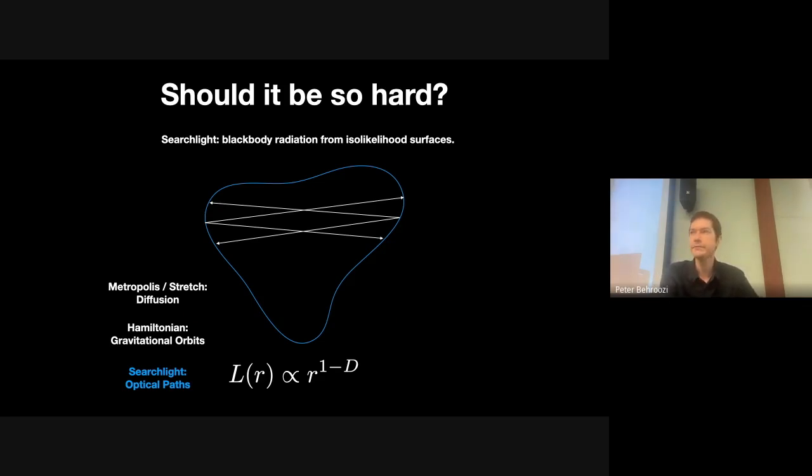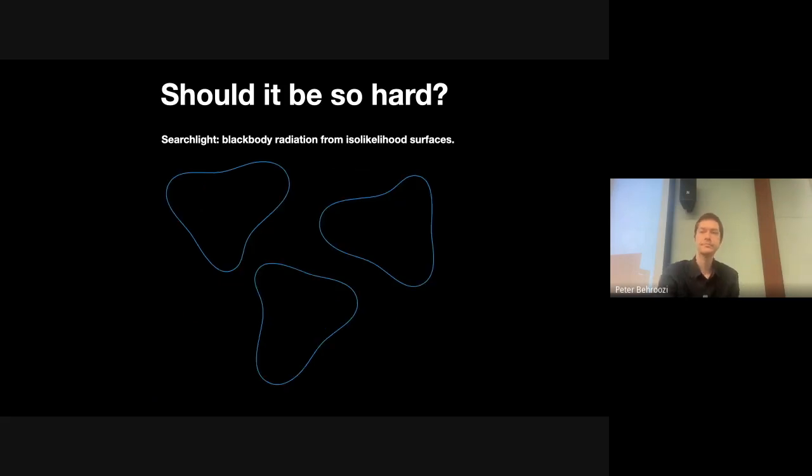There's another really fun property of this type of algorithm, which relates to another common failing of MCMC techniques. Something that's really hard for MCMCs is if you have multiple disjoint probability surfaces.